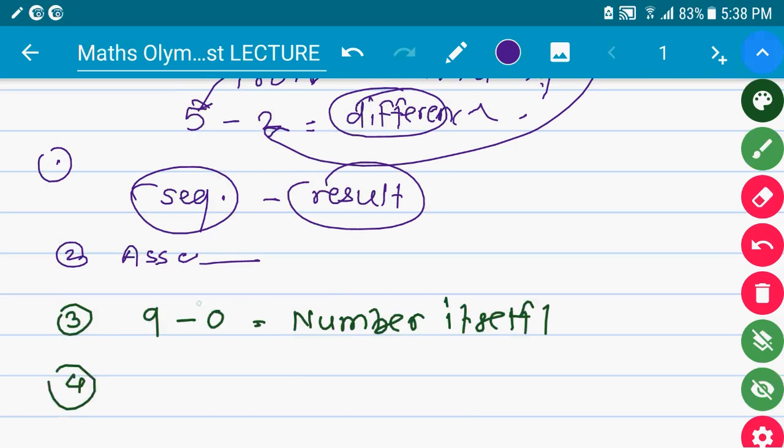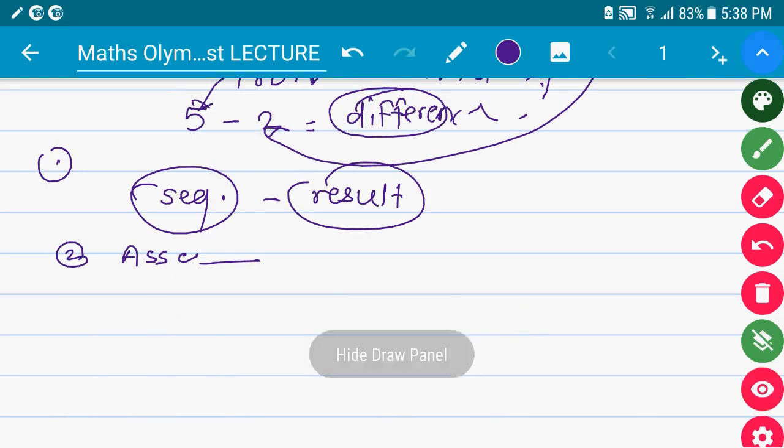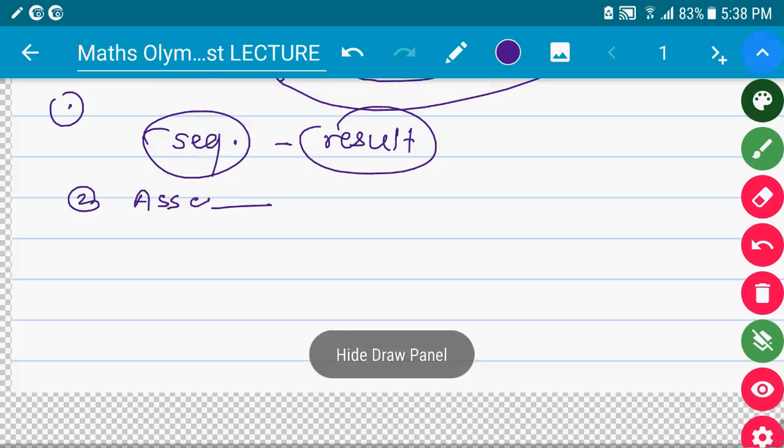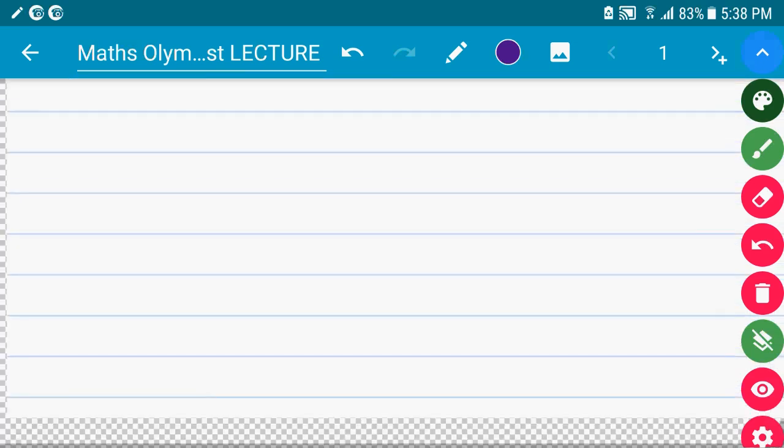Okay, and if a minus b minus c is there, we can subtract, but we cannot change the sequence here. Associative property also does not hold here. So these are all the things related to subtraction. Now the next operation is multiplication.